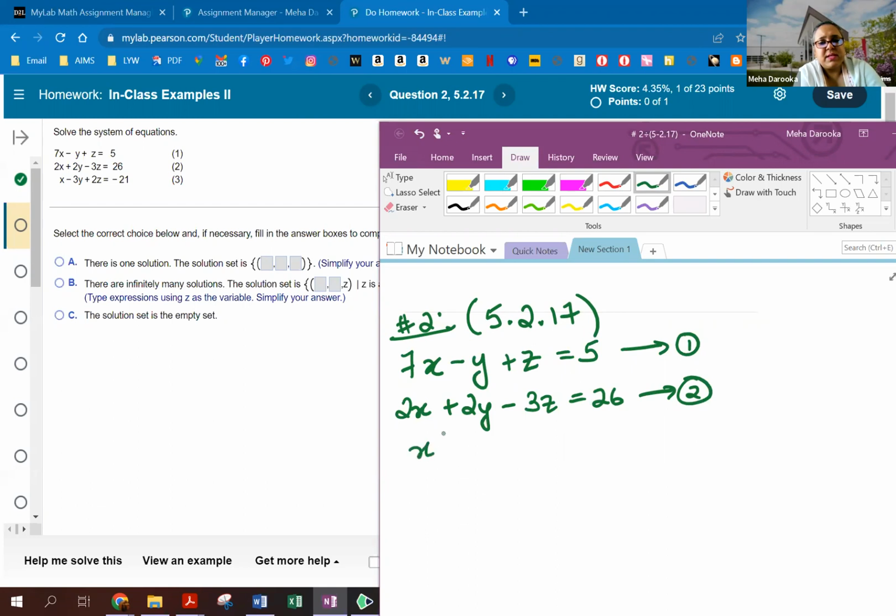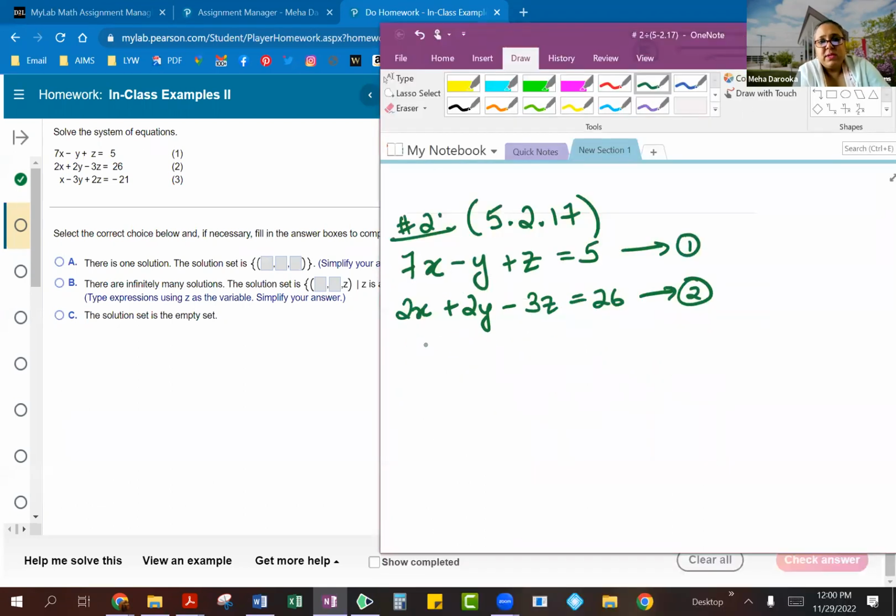And then the last one is x. Oh, Lord, I'm not sure why it's doing that. x minus 3y plus 2z equals negative 21. And this will be our equation 3.